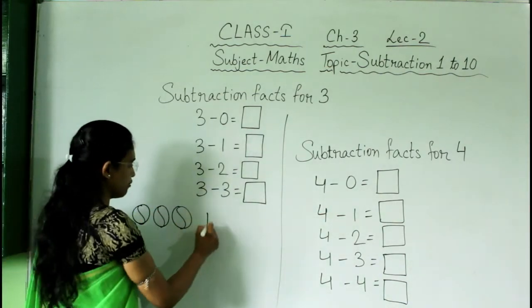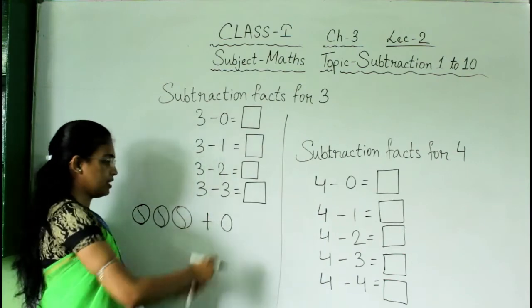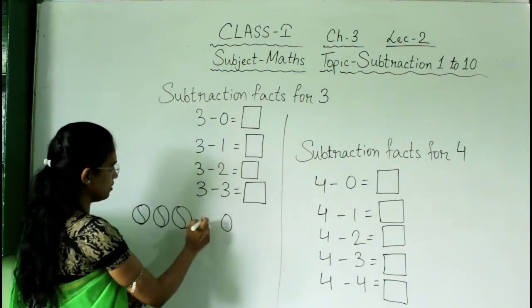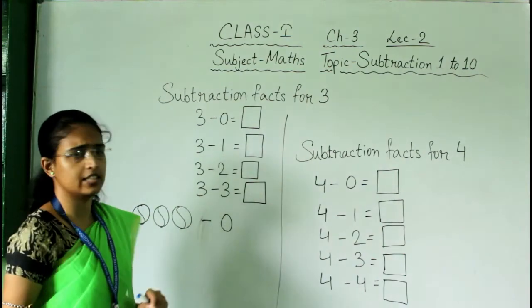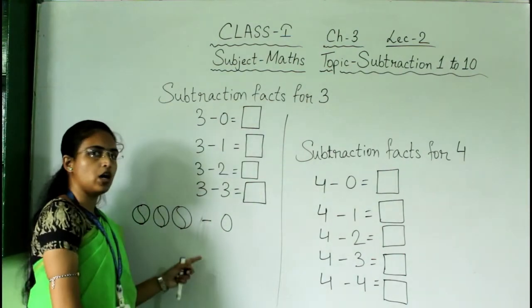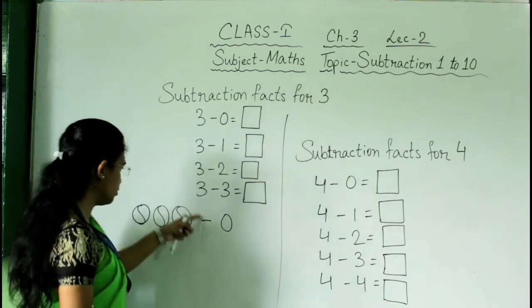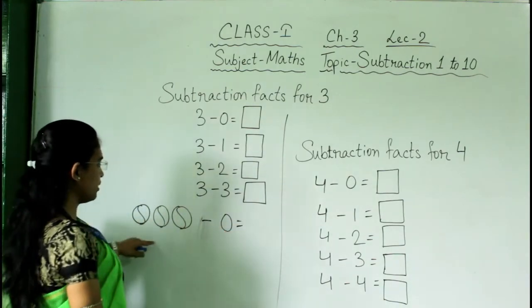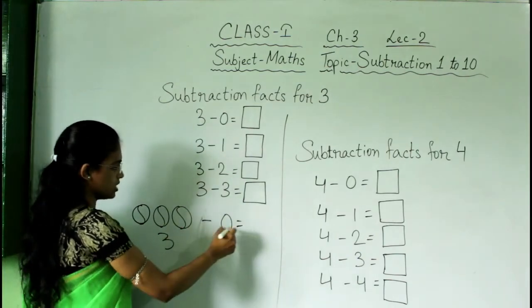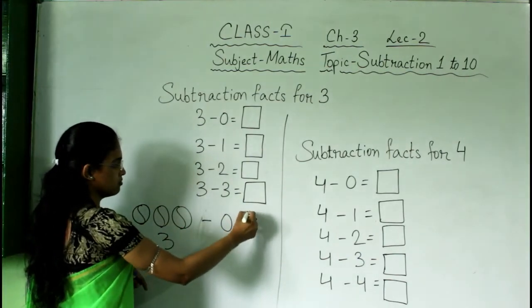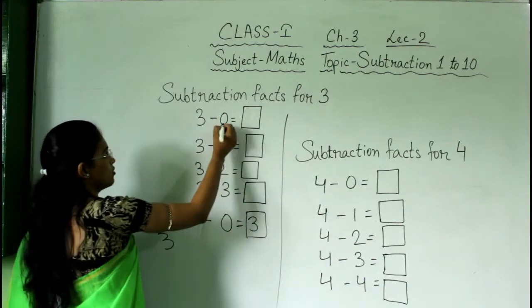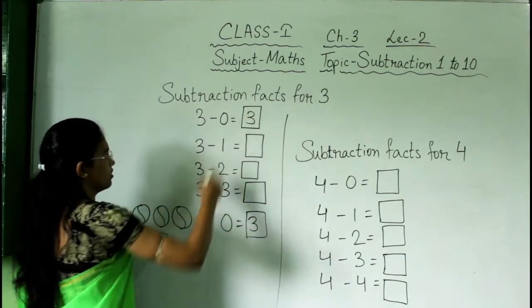So you have given nothing. That is 0. So how many balls do you have with you? 1, 2, 3. So 3 minus 0 equals 3.